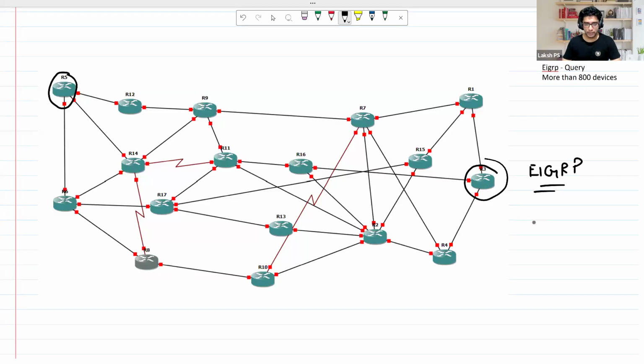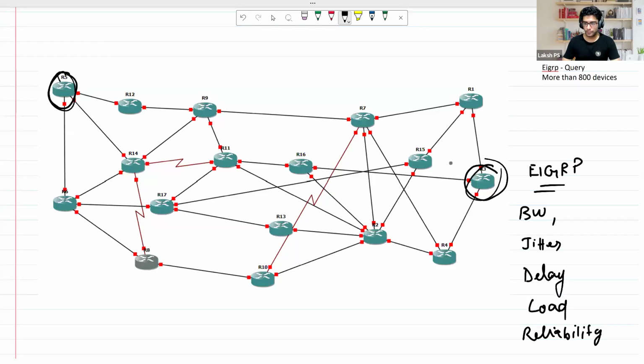EIGRP calculates the shortest path. We know that EIGRP calculates the shortest path through different parameters, right? It uses bandwidth, jitter, delay, load, and reliability. These are the 5 factors that EIGRP uses to find the best path to reach from R5 to R3.